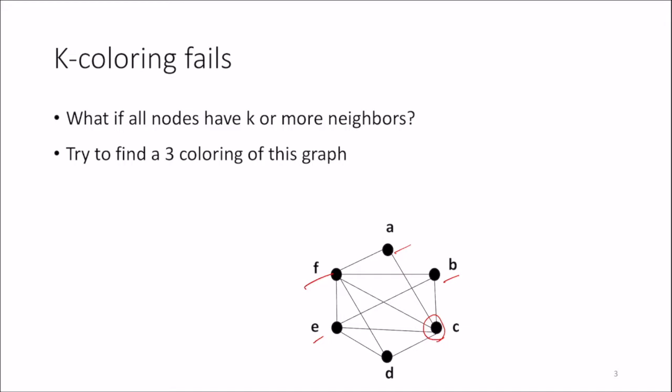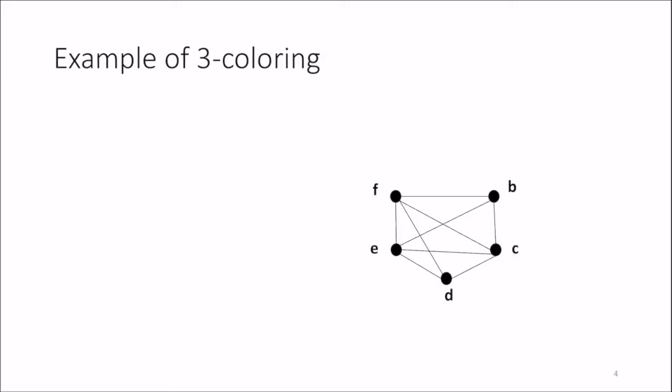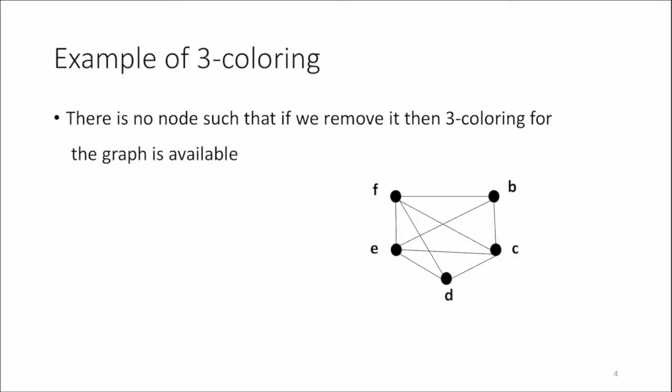And so there's no way that you can use 3 colors in order to provide different colors for every neighbor of C. So let's say you remove A. It's still not possible to get a 3 coloring for this graph.